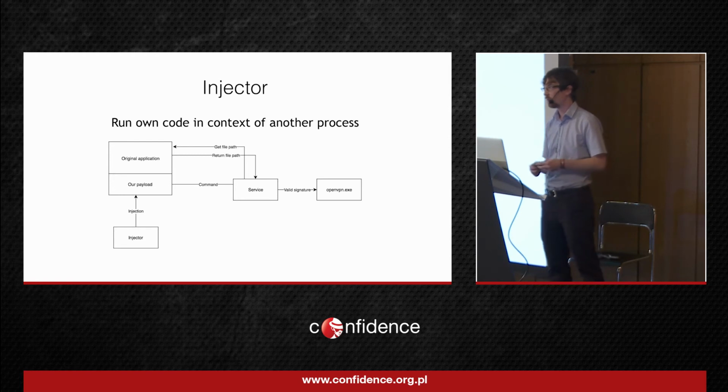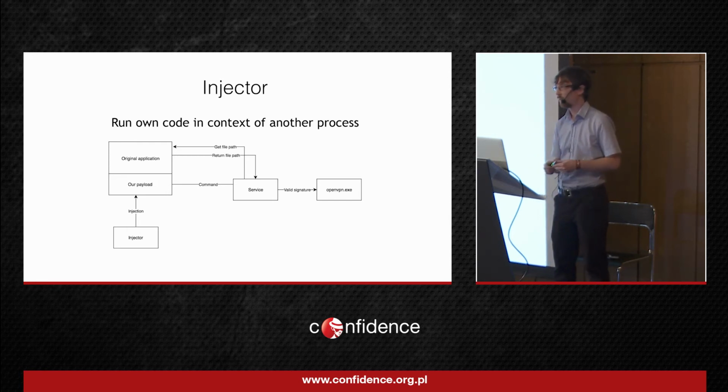Of course, malicious software doesn't want to show this dialog box, so it injects its own code into, for example, Internet Explorer. And because Internet Explorer is a browser used to browse the internet, there is no firewall prompt.